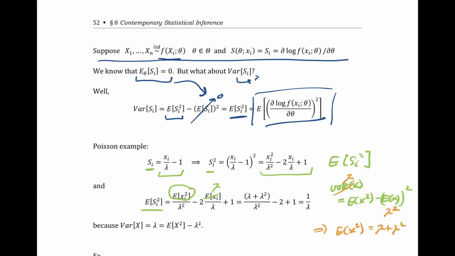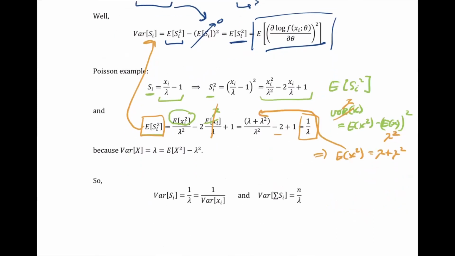So these lambdas cancel, and I get 2. And then I reduce everything, and I get 1 over lambda for the expected value of S squared, which is the variance of S_i. So it's 1 over the regular Poisson variance, 1 over lambda. That should be pretty traditional.